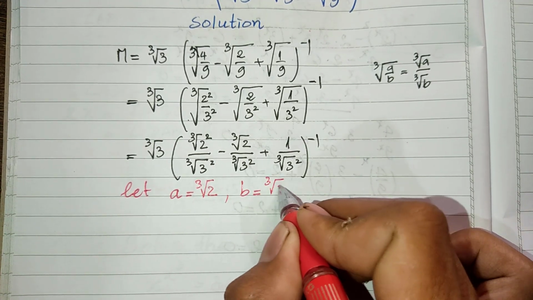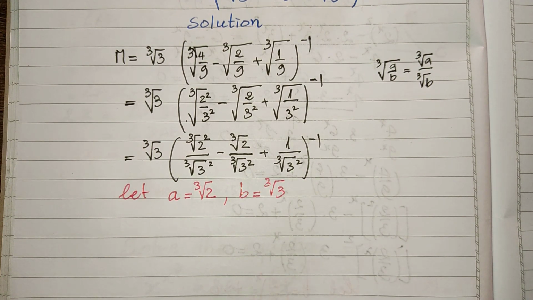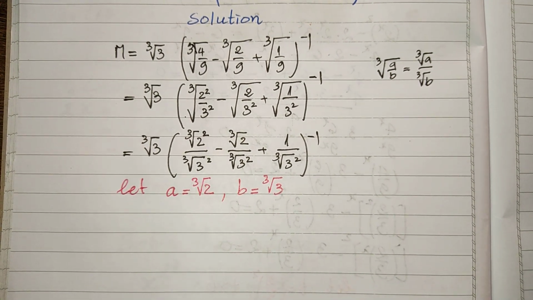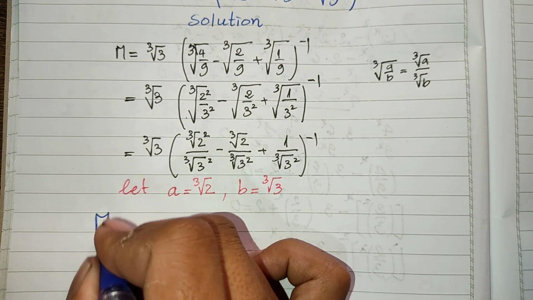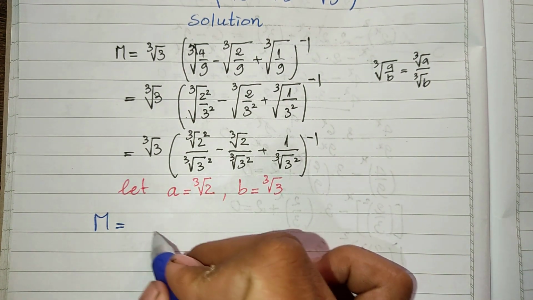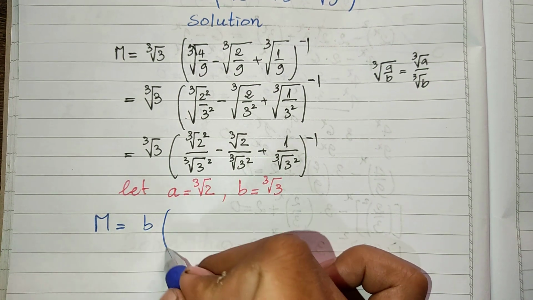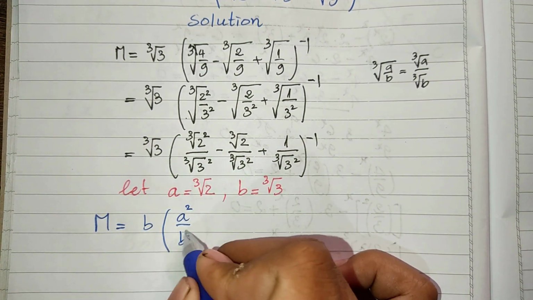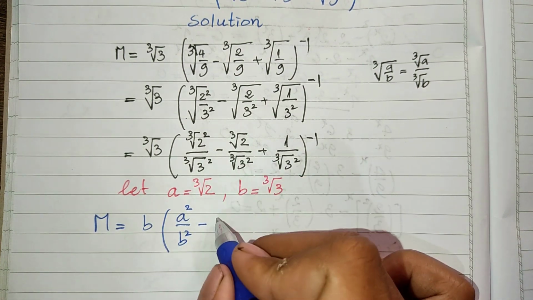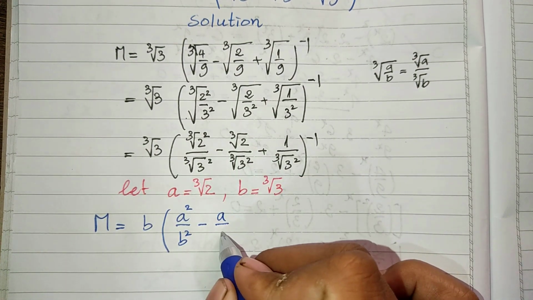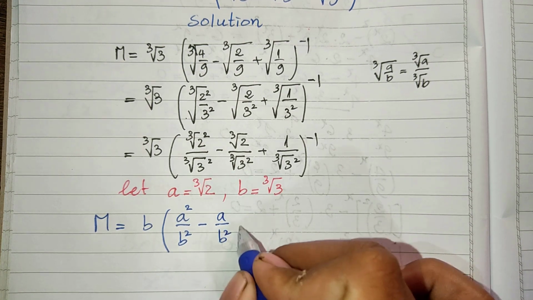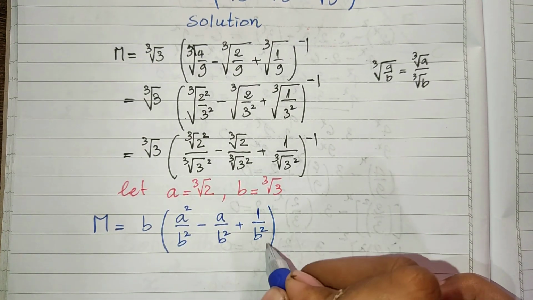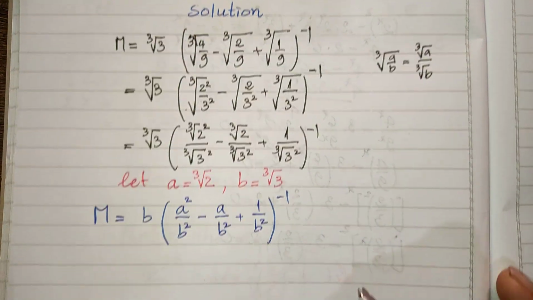Okay, now let a equal cube root of 2 and b equal cube root of 3. Now our expression can be written as m equals b multiplied by a squared divided by b squared, minus a divided by b squared, plus 1 divided by b squared, to the power minus 1.